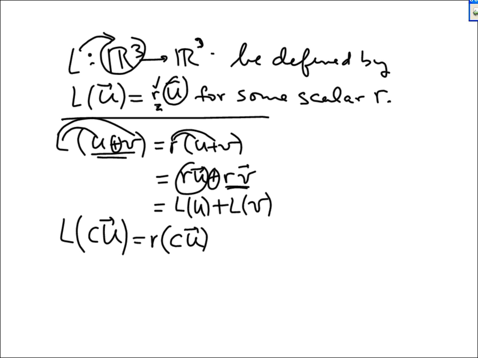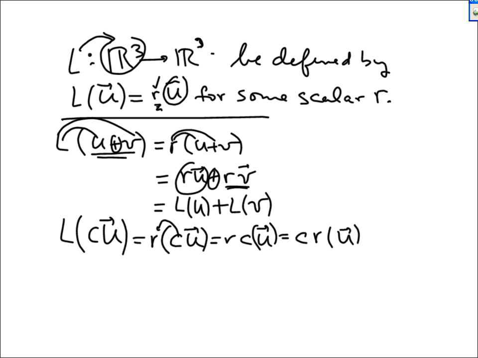R and C are scalars. There's a theorem that says you can bring the scalar in front of the vector. R and C are real numbers, and real numbers commute. You can switch R and C, times U.